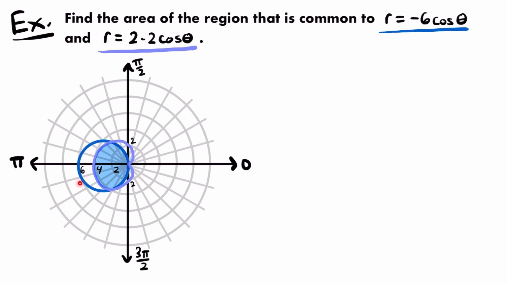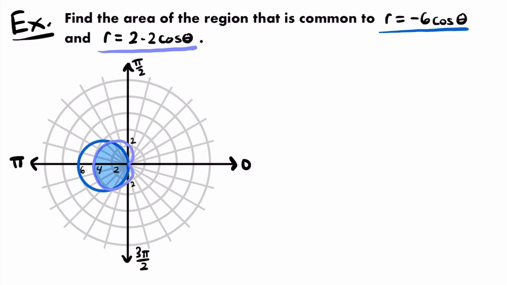This area is between this circle and this cardioid. It is not a region that is common to both curves. It's outside of the cardioid, but inside the circle. But this region in here that we want to calculate, it is a region that is found within the circle and within the cardioid. And so the process for calculating that area will be different.